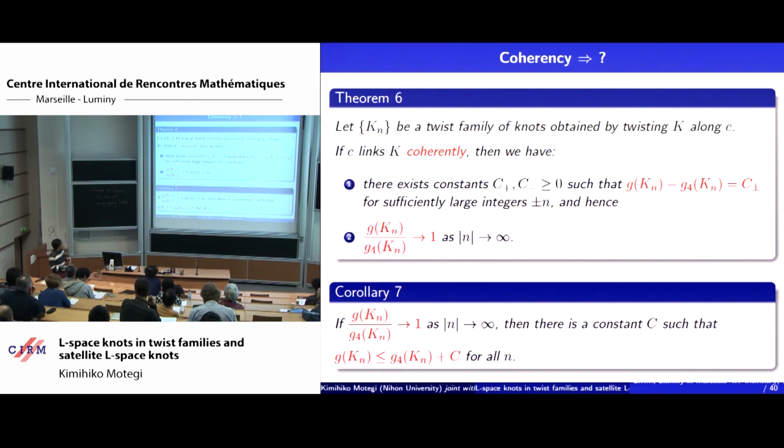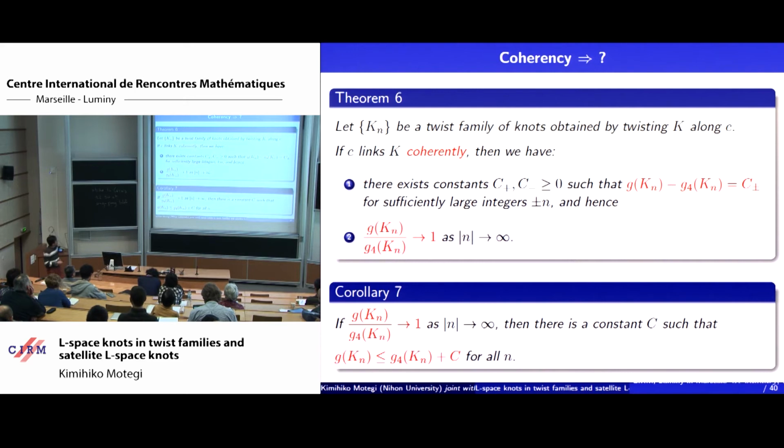And if the twist family is coherent, then theorem 6 implies this equality. And with this equality, if we choose a larger C, we obtain the required inequality. This holds for sufficiently large integers n.